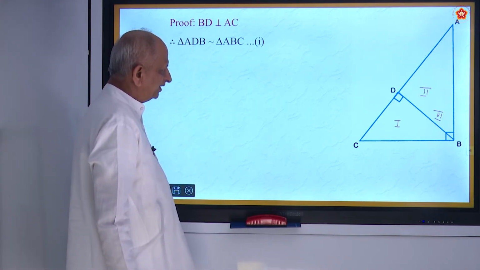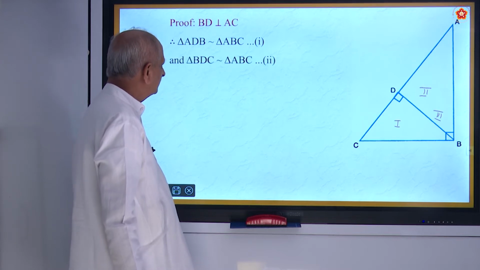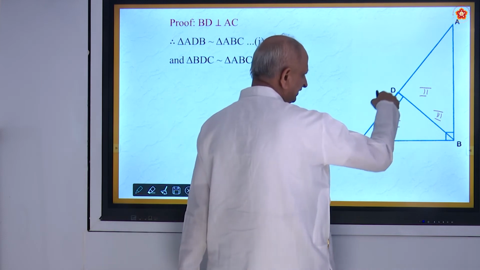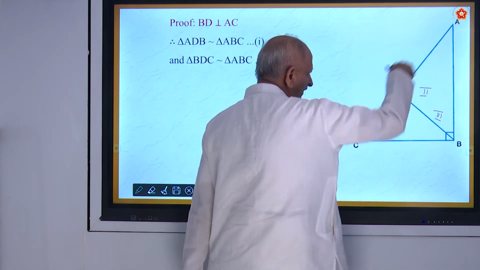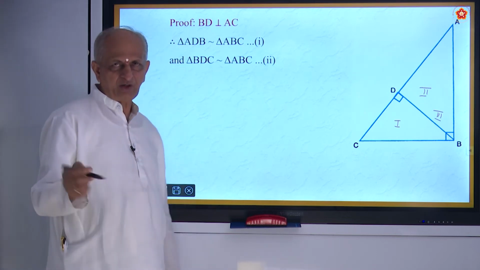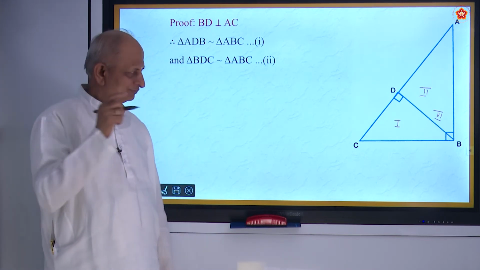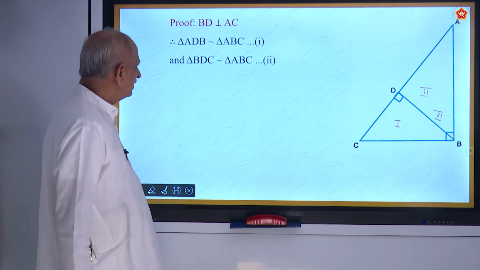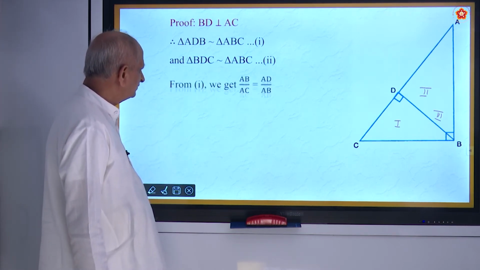So second and third are similar. Similarly, if you take this triangle BDC and ABC, they are similar. Just now we have given a proof with the alpha and all. Is it not? I think all of you remember that. And therefore they are similar.